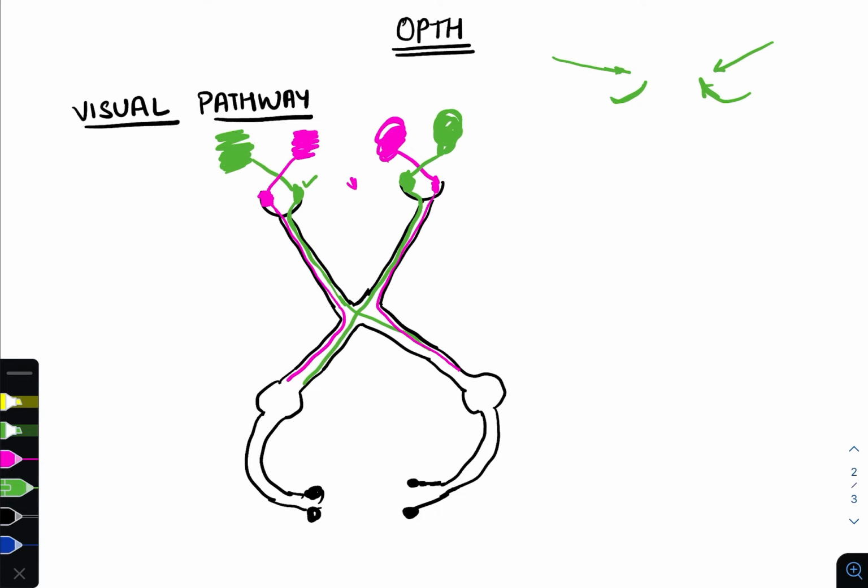So in the optic chiasma the central fibers of both eyes cross, while the side fibers do not cross and go directly. Okay, so this is the normal visual pathway.